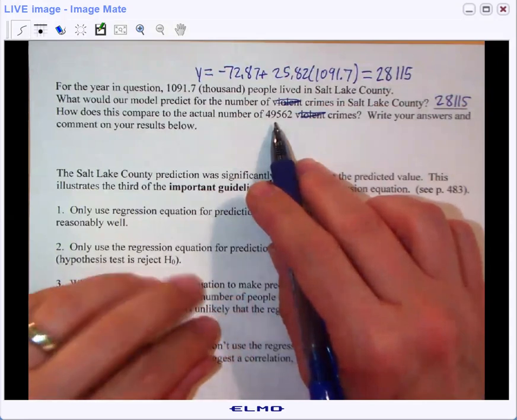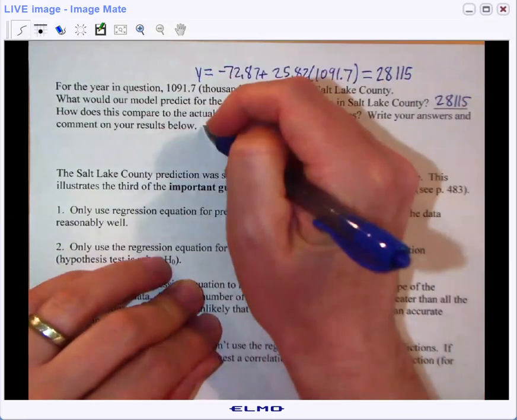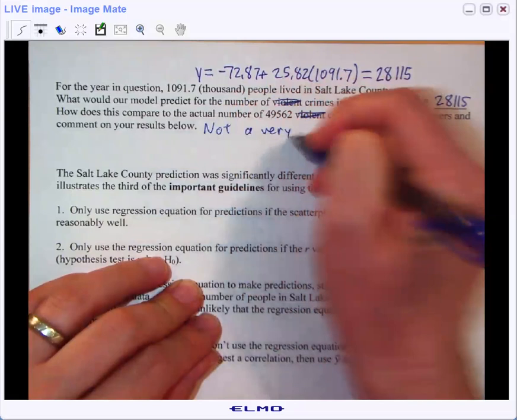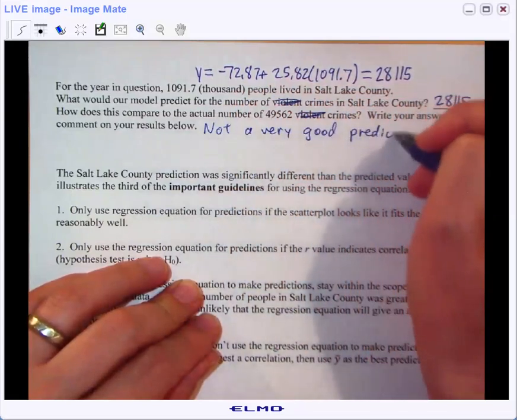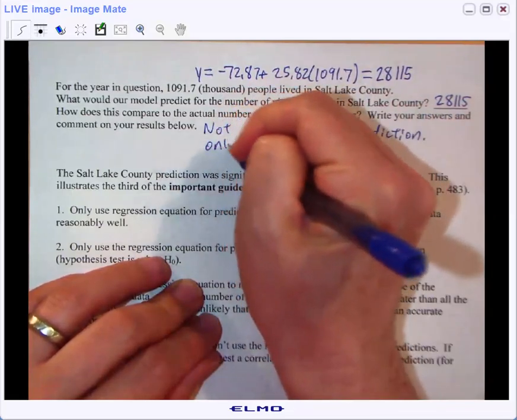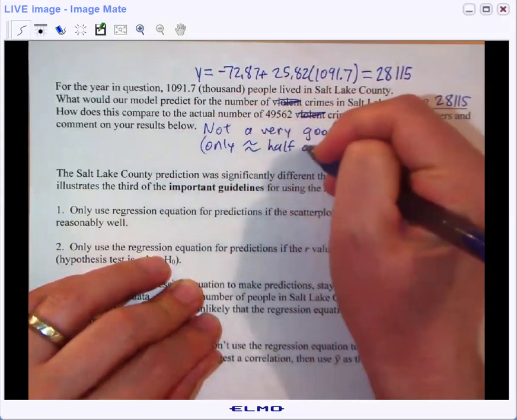Well, this is a little over half of that, so it's not a very good prediction. Only about half of the actual value.